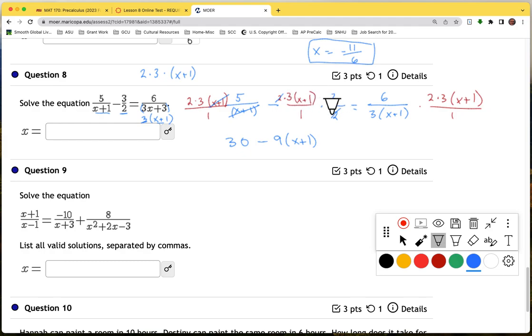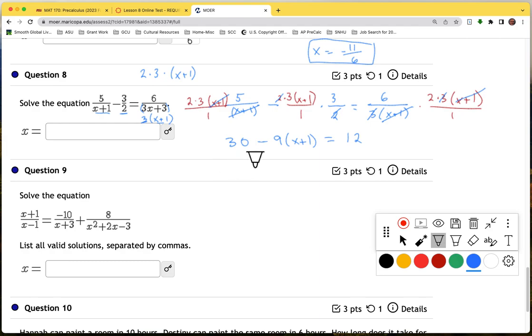Okay, so these parts multiply. And then over here, 3 cancels with 3, x plus 1 cancels with x plus 1, and we're just left with 6 times 2, which is 12. Now we have a linear equation left to solve, and then we're in good shape.